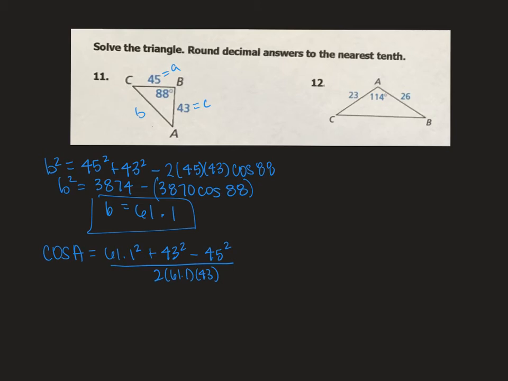So when I plug this into my calculator, 61.1 squared plus 43 squared minus 45 squared, I get 3557.21.